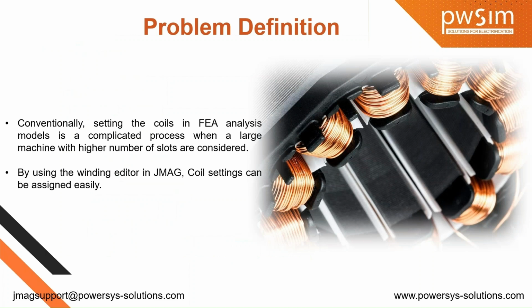Coming to the problem definition, conventionally setting the coils in FE analysis models is complicated because in a large scale machine we have multiple poles or slot combinations. Assigning these FEM coil conditions for each coil manually will be somewhat difficult. By using the winding editor in JMAG, coil settings can be assigned automatically and easily.